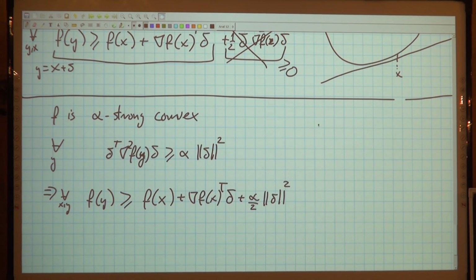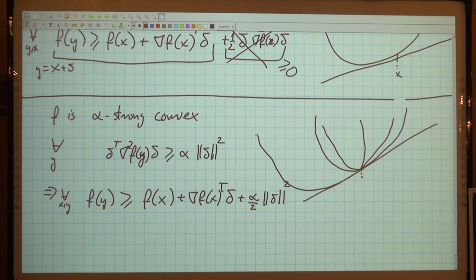As you see, it's hard to draw a properly strongly convex function. Okay, let's do something like this. If I'm here, then again I have the linear approximation. Then smoothness gives me the one quadratic that somehow upper bounds everything. But now strong convexity tells me that there is a lower bounding quadratic that essentially lower bounds my function everywhere.